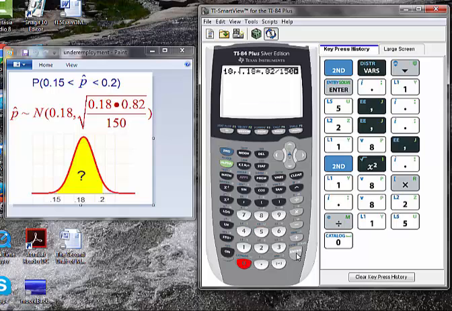And I hit enter. And there we have it. We can say that if we randomly selected 150 Americans, there would be about a 57% chance that between 24 and 30 of these Americans would be underemployed.